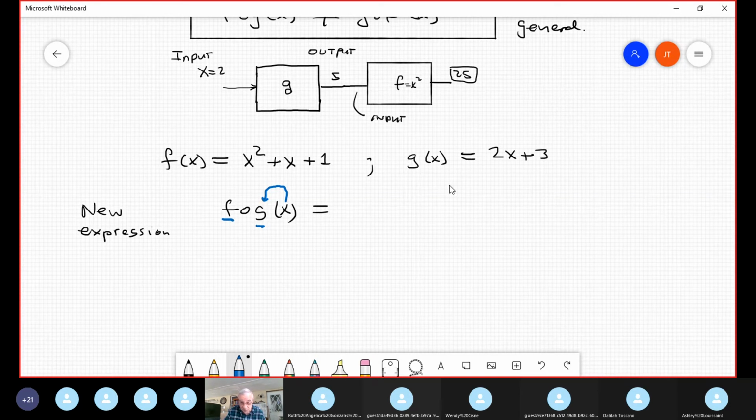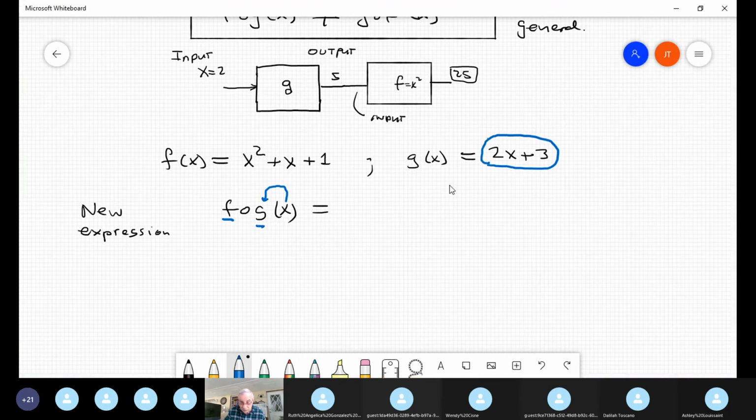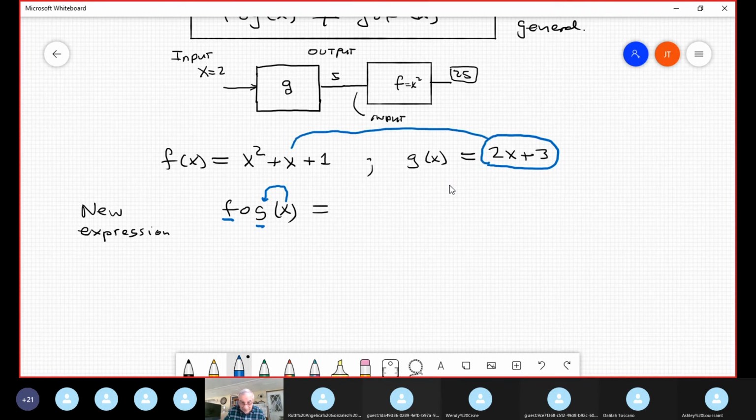Therefore, you take the innermost function and substitute, so you replace x with the complete g inside the outermost function. Therefore it is, parenthesis, 2x plus 3, squared, plus 2x plus 3, no square, because here we have no square, plus 1.